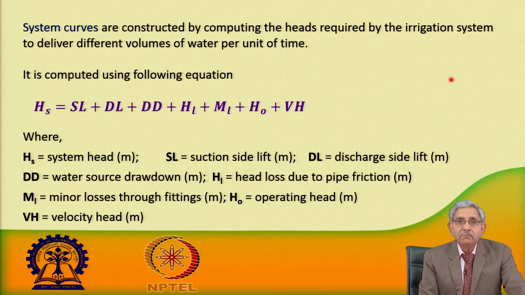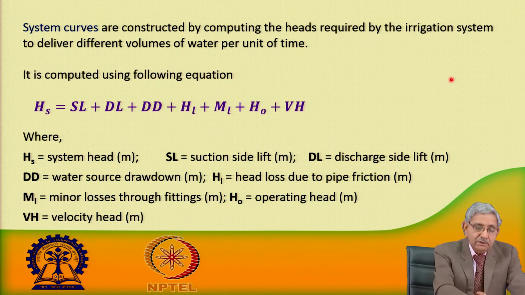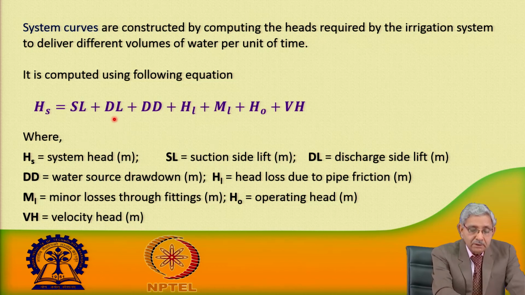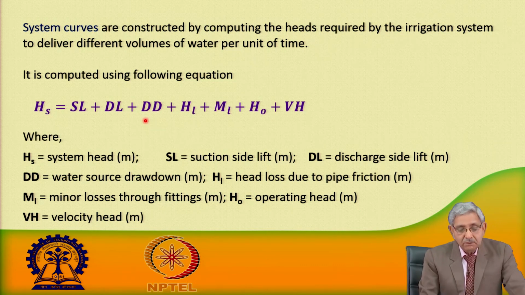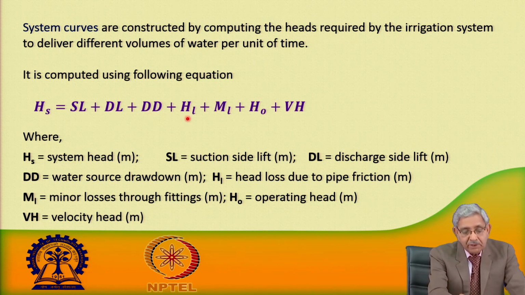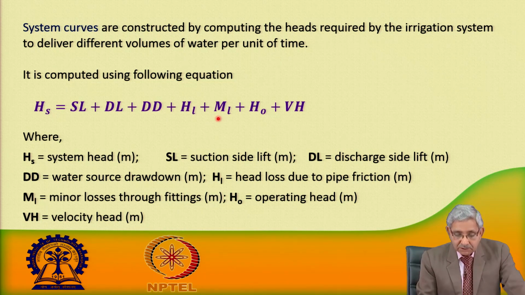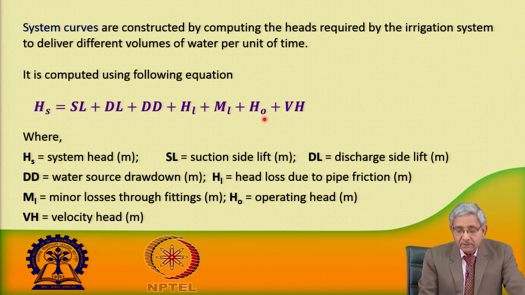It is computed using this equation, where the total system head is equal to the suction side lift, plus the delivery side lift, plus the drawdown in the well, plus the head loss due to friction in the pipe system, plus ML, the minor losses, plus operating head. Operating head means that when there is some device, we need that device to operate.